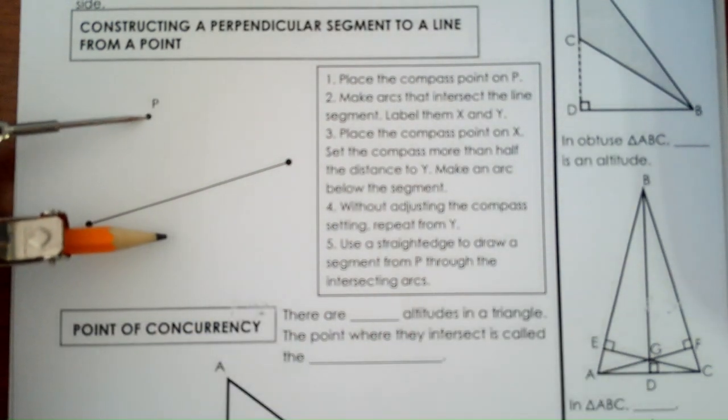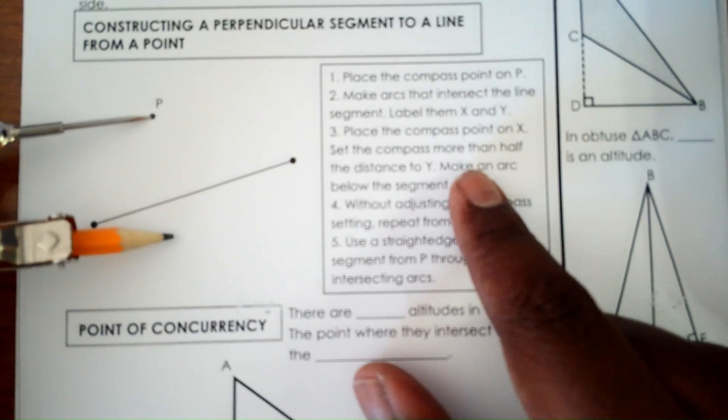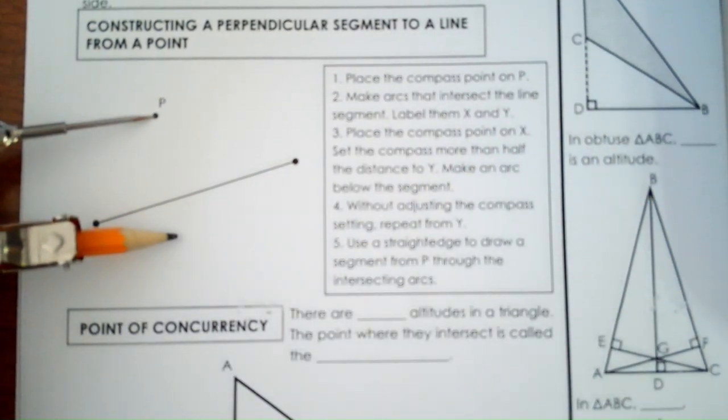So here's P. Now, I'm going to make an arc that is going to intersect with the line segment that we have currently. As for the size of it, it does not specify size, so just make sure that this arc will hit over here.